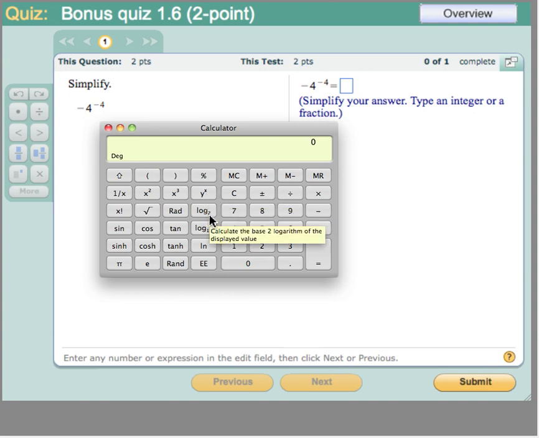So if I wanted to raise 2 to the third power, that is 8, 2 times 2 times 2, I would type in 2, hit that key, that becomes the y, and then I'd say the third power. I don't need to hit it again, I go to the equal sign. So 2 to the third power is equal to 8. Well, we have 4 as the base, and then 4 as the power, and so we get 256.